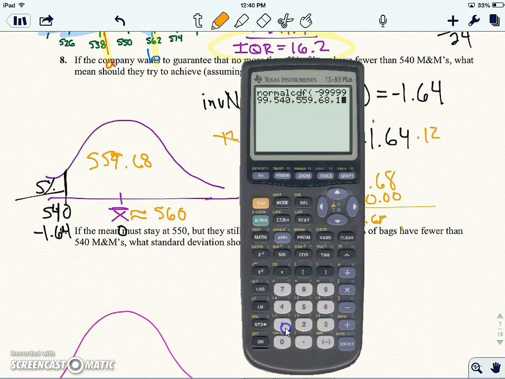With this, again, in the same standard deviation of 12, will that give us 5%? Hey, yes it does. So if they wanted 5% or less to have 540 or less, they'd need to change the mean of the machine to 560 instead of 550.